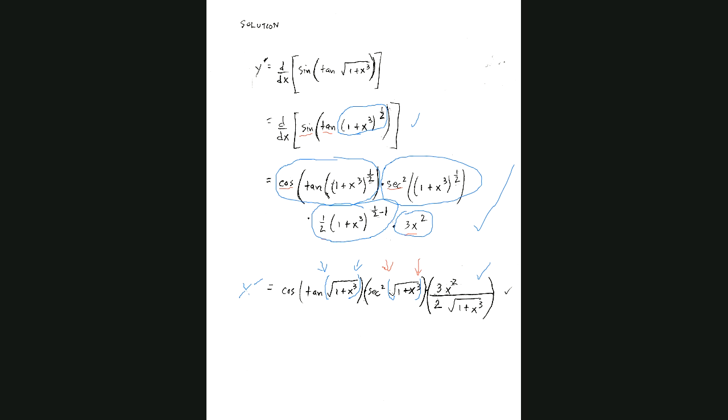So like the tangent of the square root of 1 plus x cubed, I put parentheses around the square root of 1 plus x cubed. And the secant squared of square root of 1 plus x cubed, I put parentheses around that. How many notice that it's usually safest to put parentheses around your angle in WebAssign, like when you type your answer?